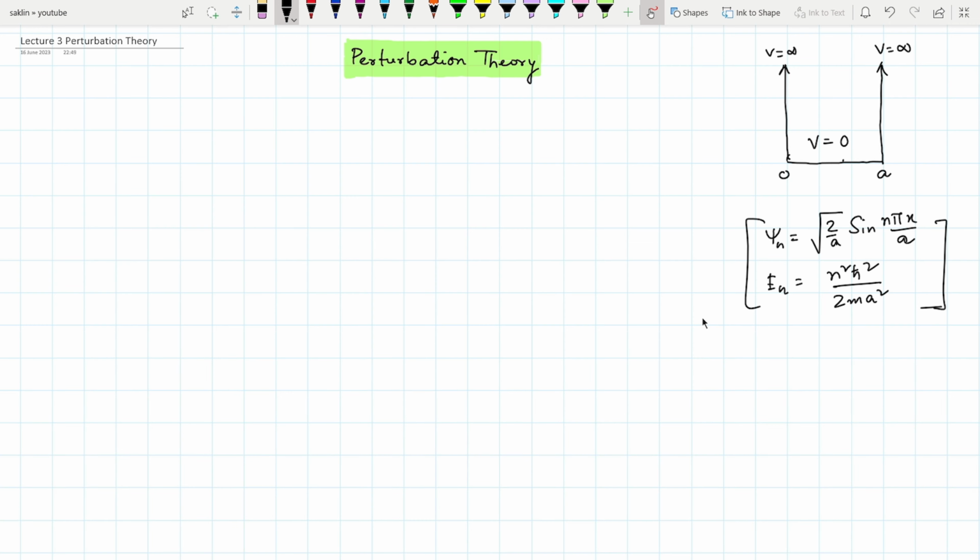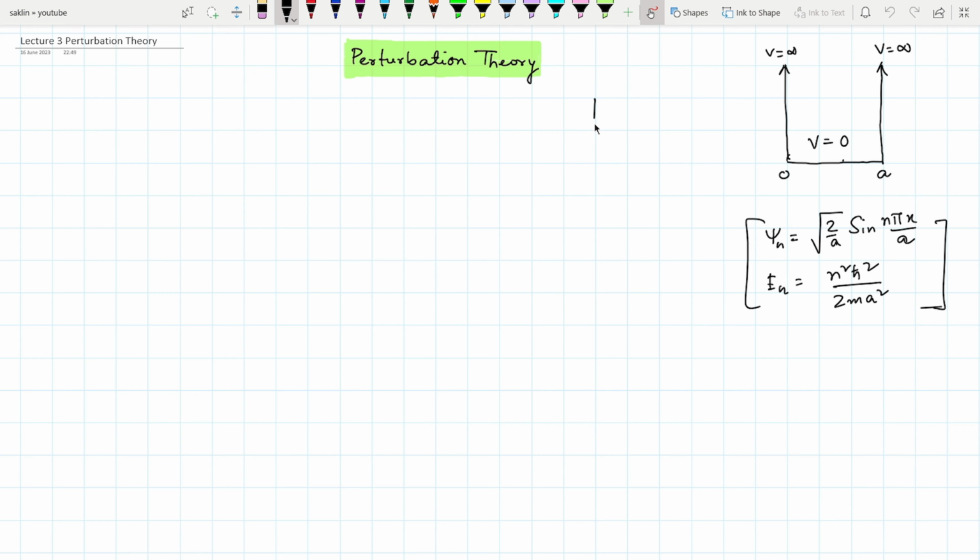If you do not know the basics of quantum mechanics, if you do not know what the 1D potential box is and what its formulas are, I will recommend you see those videos first, then you can see perturbation theory. If you do not know about these things, this video is not for you. Okay, this is advanced quantum mechanics.